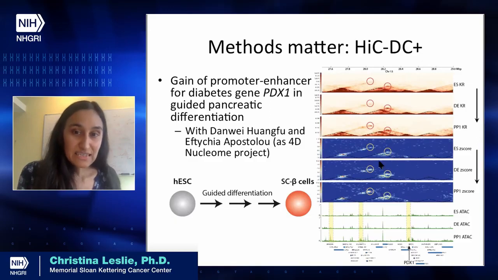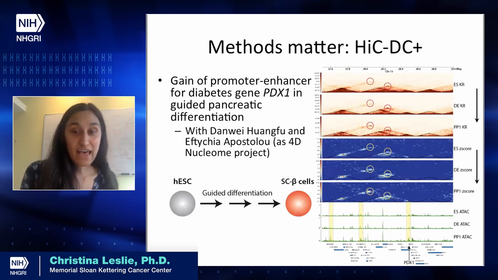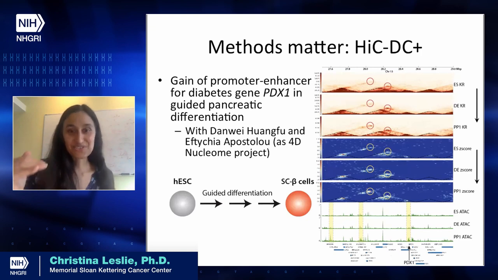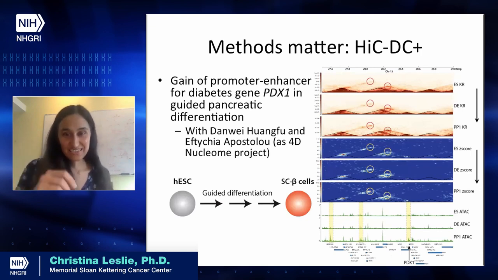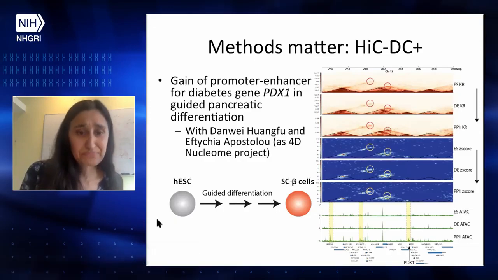And what we can see is certain 3D interactions beginning to get set up that influence the promoter of this important diabetes gene PDX1. Okay, so we would like to understand how at different stages of differentiation, this enhancer rewiring influences expression of the target gene.